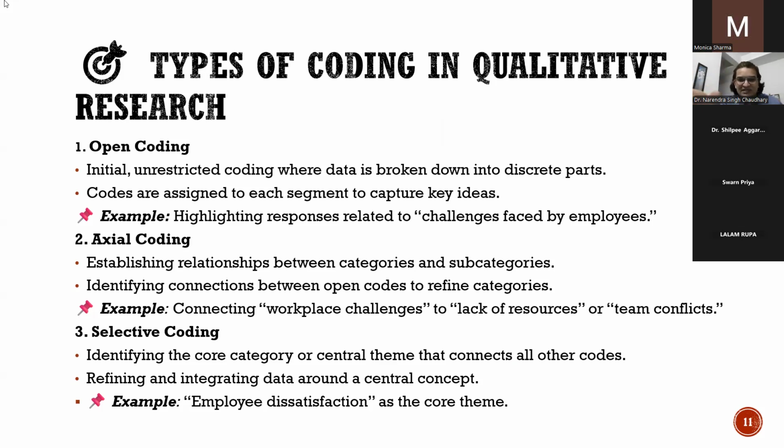So I talk about initial challenges, the various kinds of challenges, and that is leading to one particular thing, employee dissatisfaction. So I can say I am identifying the core category or the central theme that connects all other codes. And then refining, I'm integrating that data around a central concept. So I can say that employee dissatisfaction is the core theme. Does it make some sense here with this particular example?